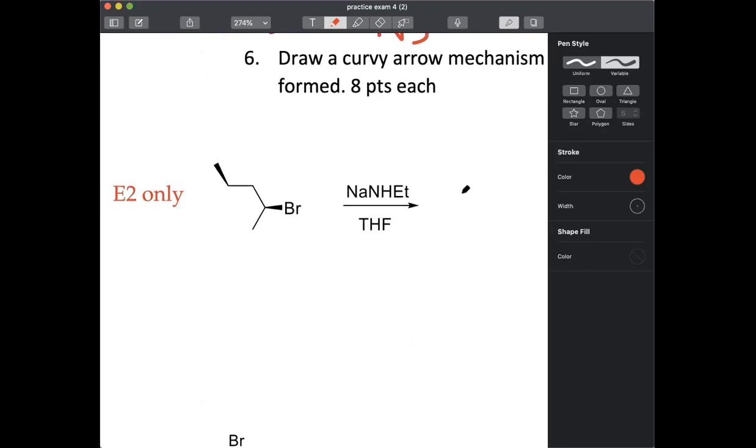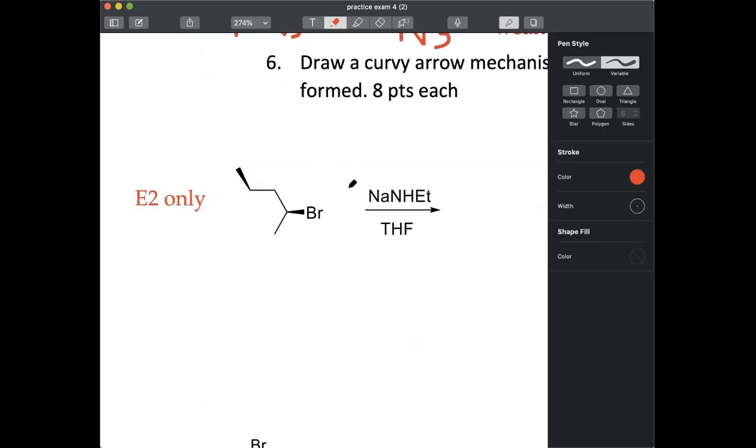And so it's concerted, the mechanism is concerted, and we have two beta positions. I'm just putting B so I don't have to draw everything. It's concerted, so everything happens at the same time. The base grabs a proton, these electrons move right here, kicks off Br.